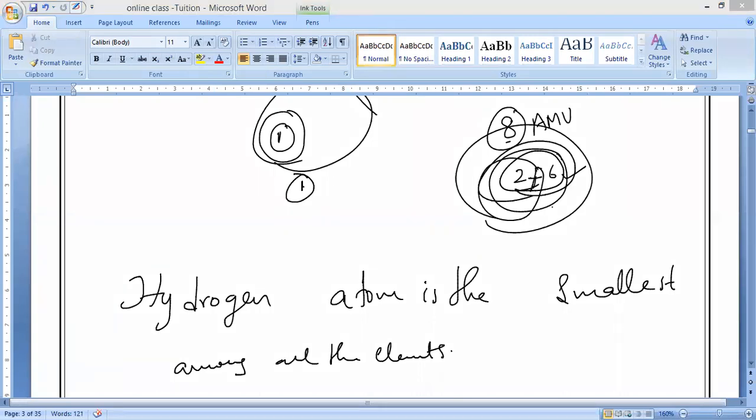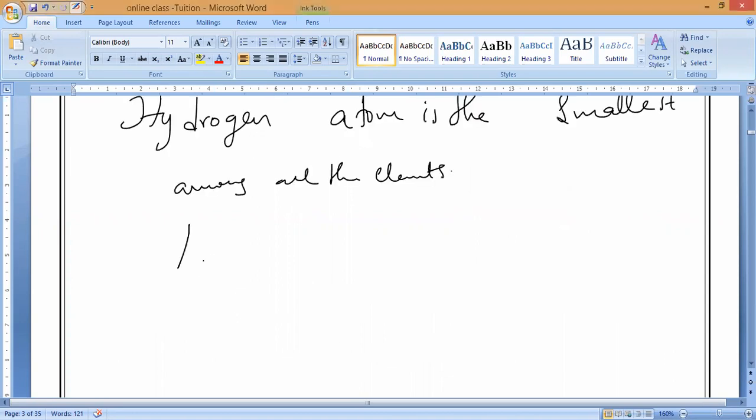So now, do you know what the hydrogen atom size, the atomic radius, is? Just 0.037 nanometers. Extremely small. Nanometers.